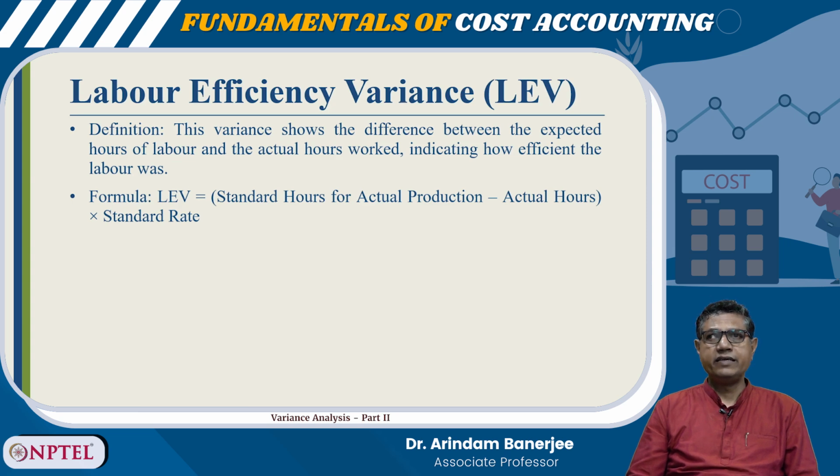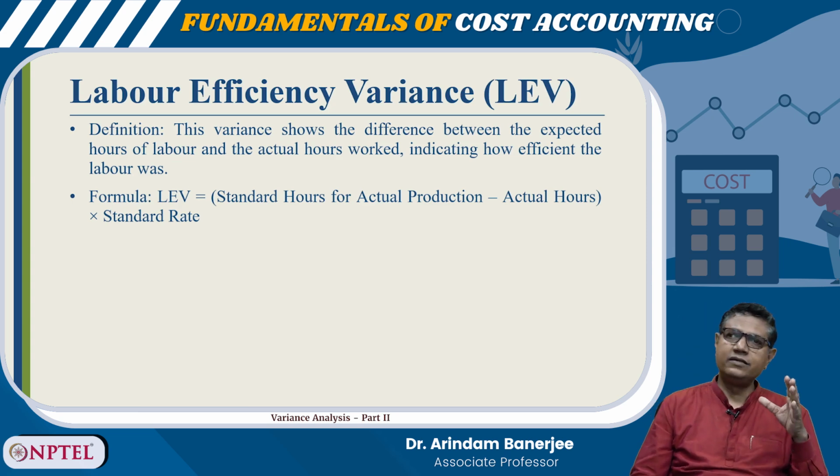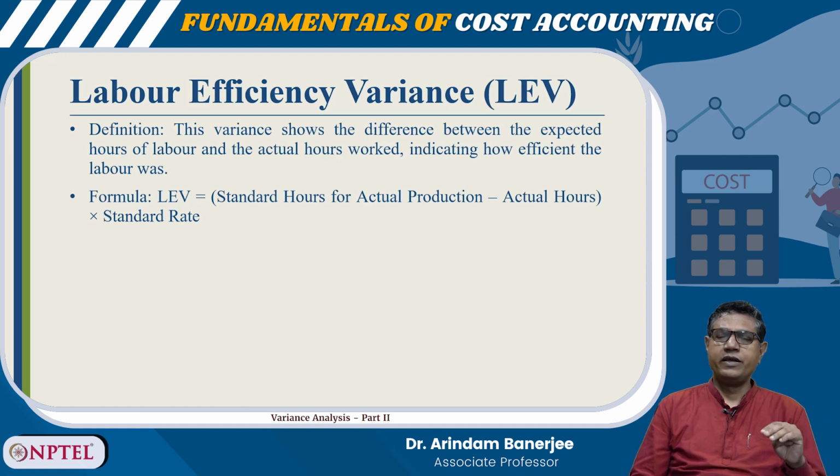Labor efficiency variance. Another reason why the total labor cost variance can be adverse or favorable is the difference in efficiency, right? Efficiency means the number of hours actually taken vis-a-vis the standard hours allocated.